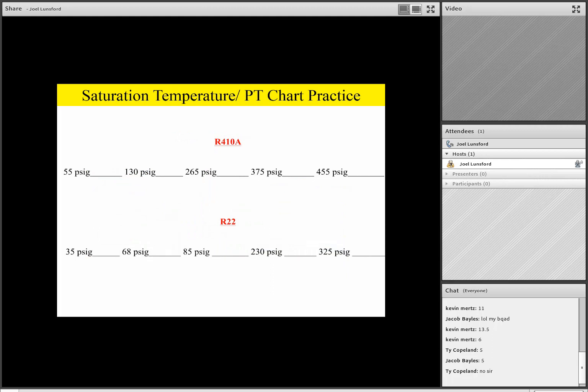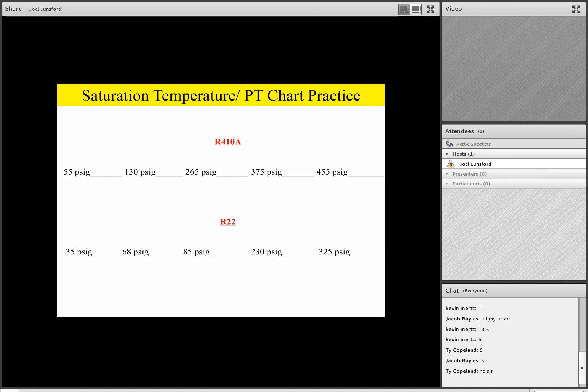So at this time, team, let's go ahead and review our saturation temperature pressure chart. If you'll please take your pressure temperature chart and follow along as we take a look at using it. Now remember, team, the pressure temperature chart tells us the temperature that the refrigerant is changing state in the coils. So not only are we going to convert pressure to temperature, but we're also going to think about the state of the refrigerant as it changes state in the coils.